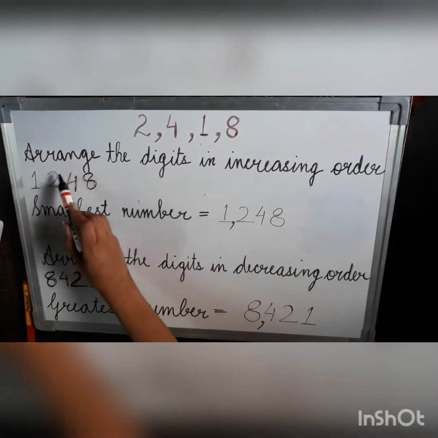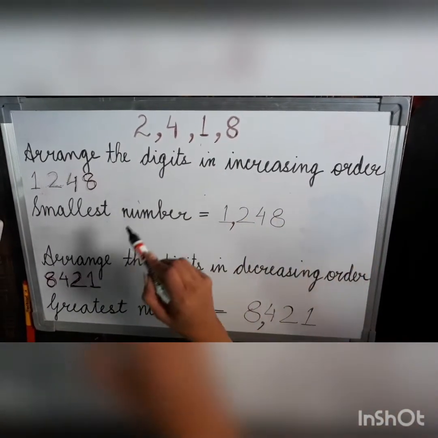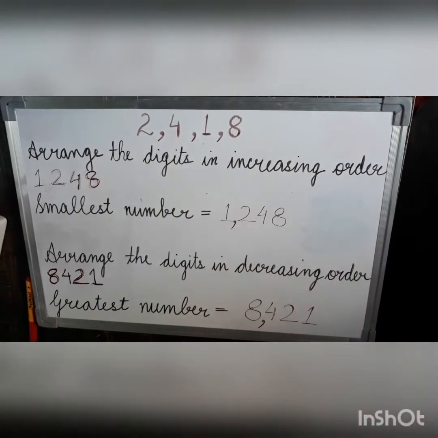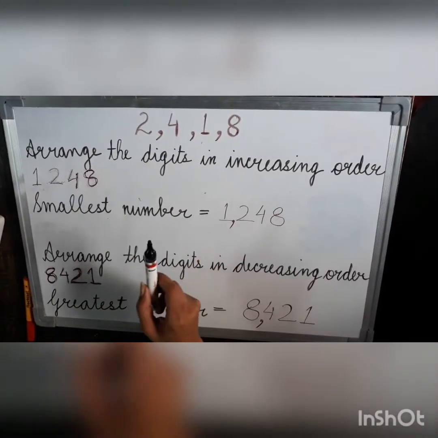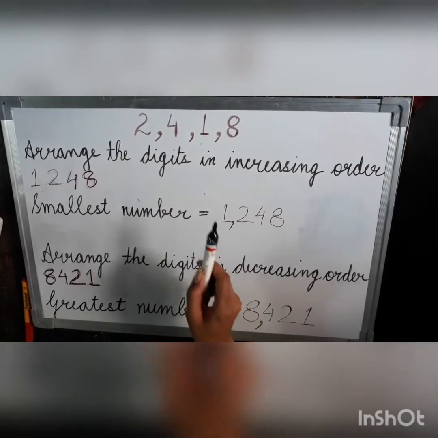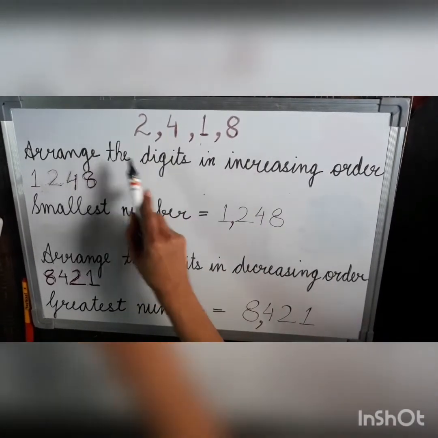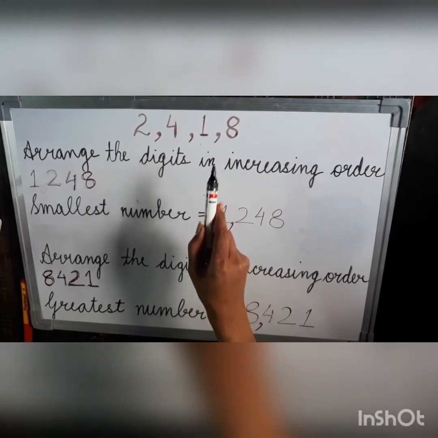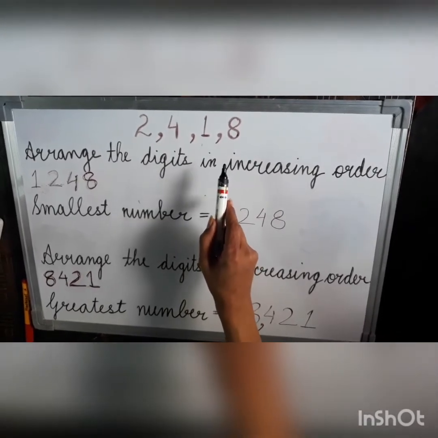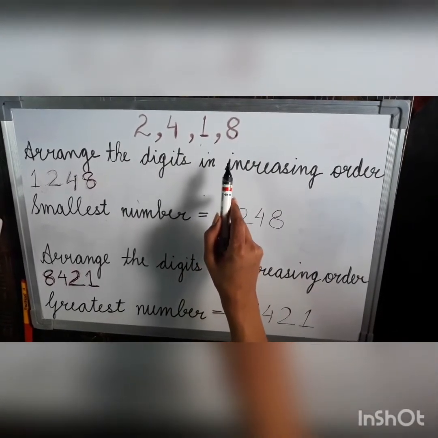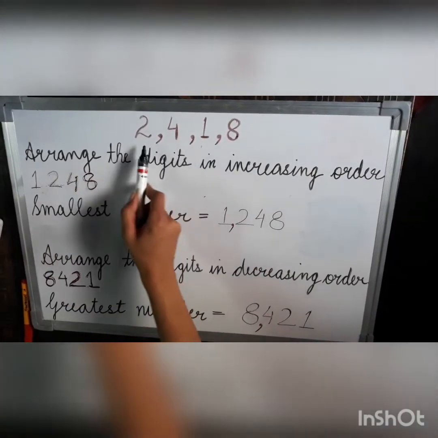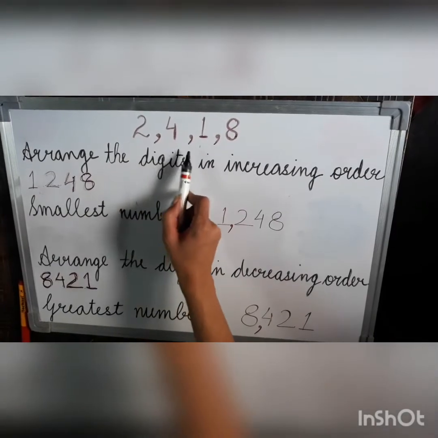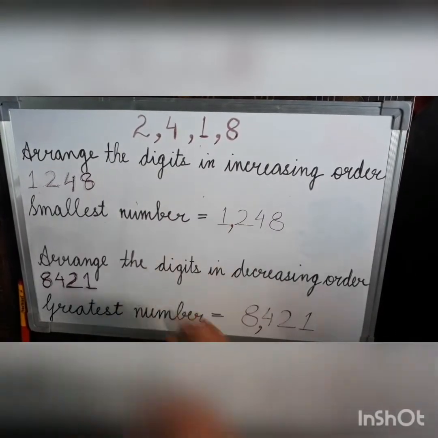First of all, we will arrange these digits in the increasing order. You know increasing and decreasing order? We will arrange the digits in the increasing order. Like from these 4, if we have to arrange them in the increasing order, how can we arrange? 1, then 2, then 4 and then 8.